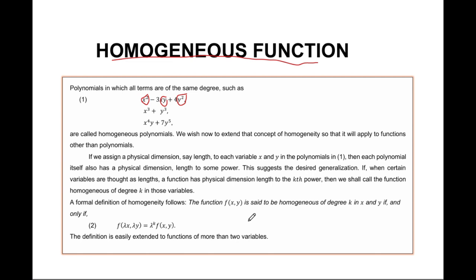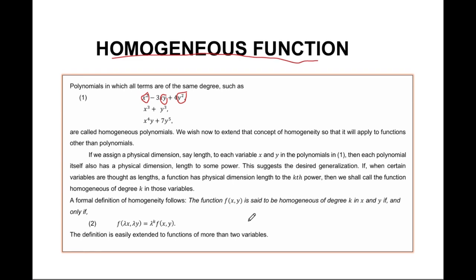So a formal definition of homogeneity follows. The function f of x and y is said to be homogeneous of degree k in x and y if and only if f of cx and cy is equal to c to the power of k times f of x and y.